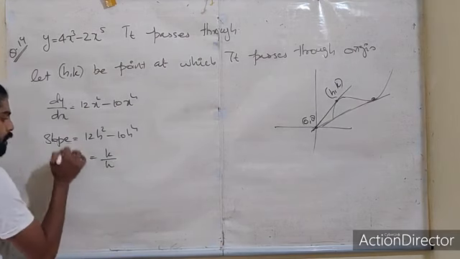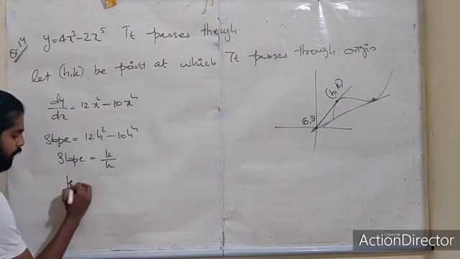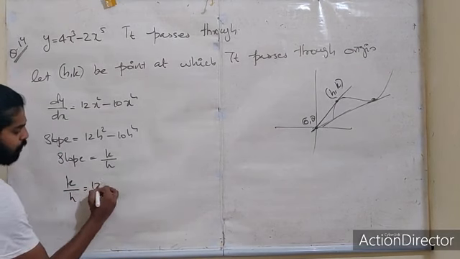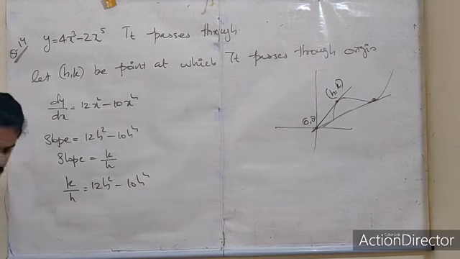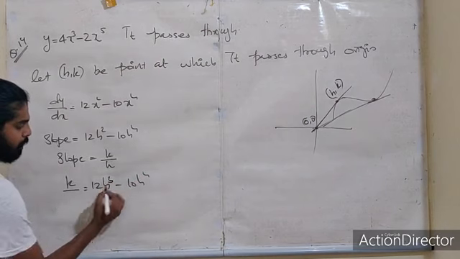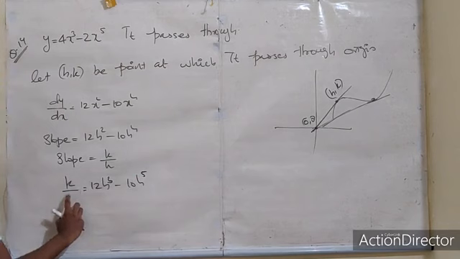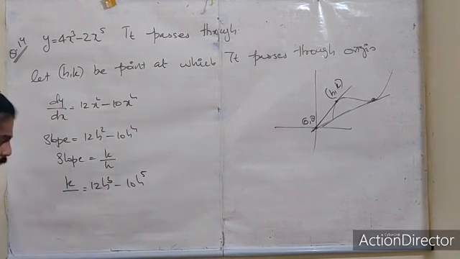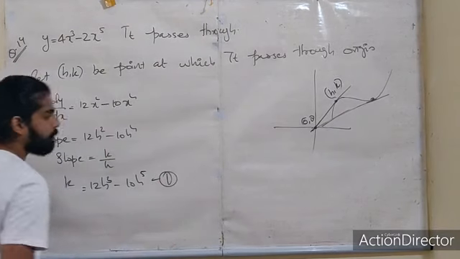Since both are equal to the slope, we can equate them. So k by h is equal to 12h square minus 10h raised to 4, or taking h to this side, k is 12h cube minus 10h raised to 5. Let this be equation number 1.